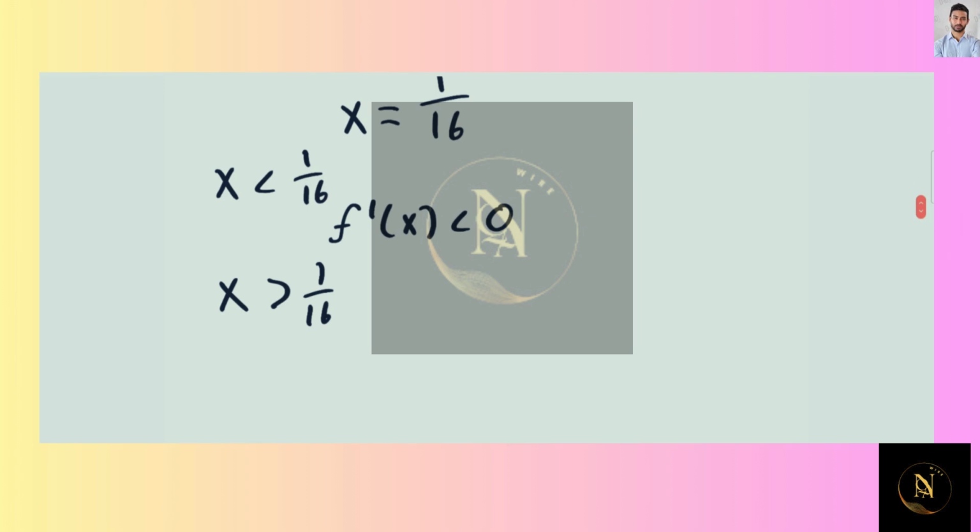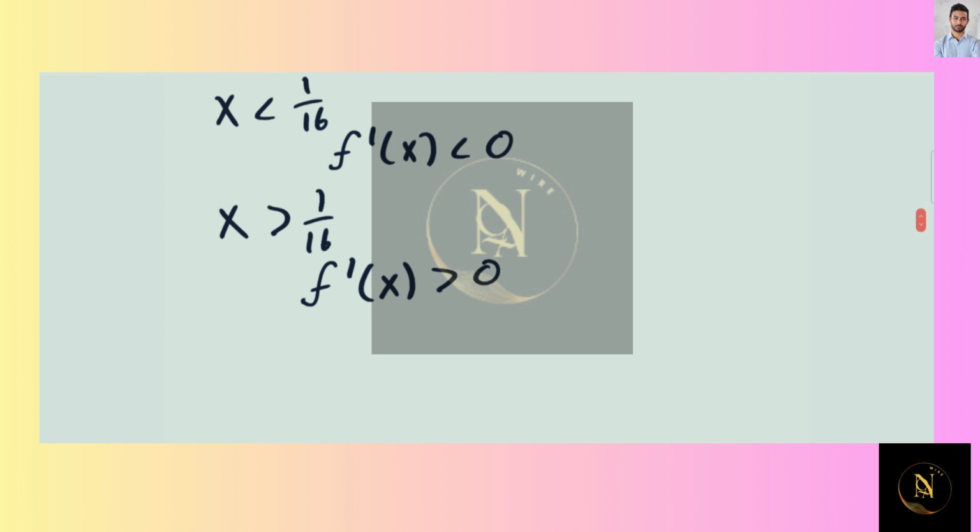So when x is greater than 1 over 16, our derivative f prime of x is greater than 0. Since we're going from negative to positive, or from a decreasing slope to increasing slope, that means we have a local minimum at this x value. So x is equal to 1/16 is a local minimum value.